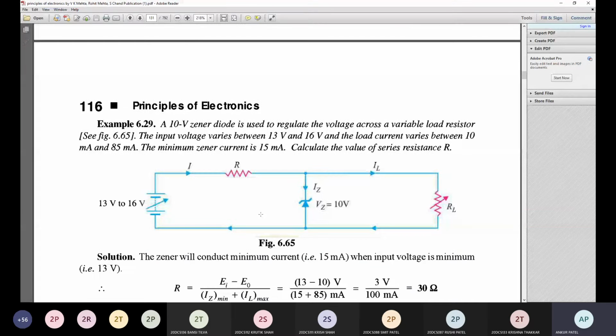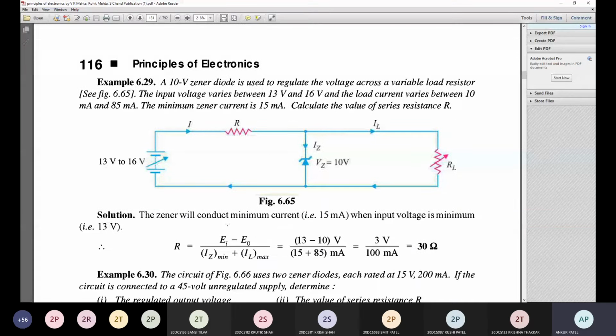So the Zener will conduct minimum current, meaning 15 milliampere, when the input voltage is minimum, 13 volt. So R is equal to (EI minus E0) divided by (IZ minimum plus IL maximum). So 13 minus 10 divided by 15 plus 85.